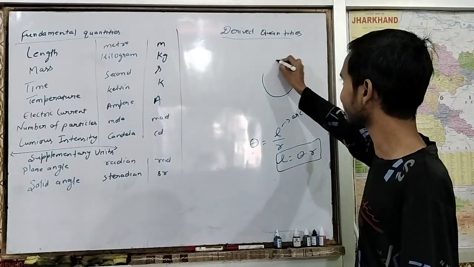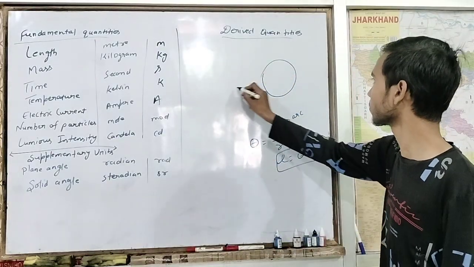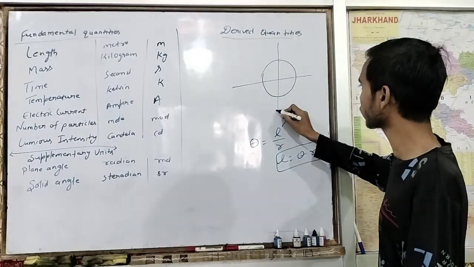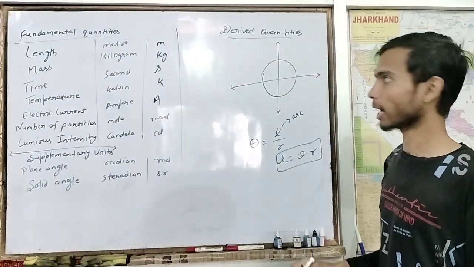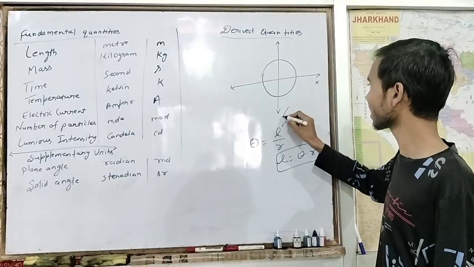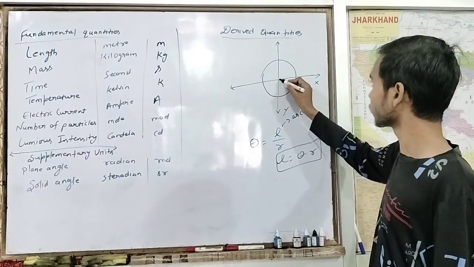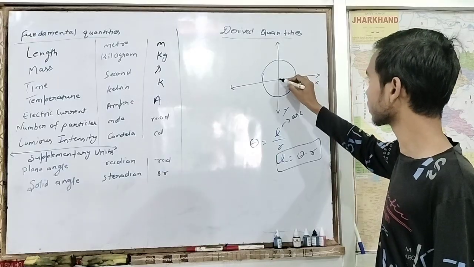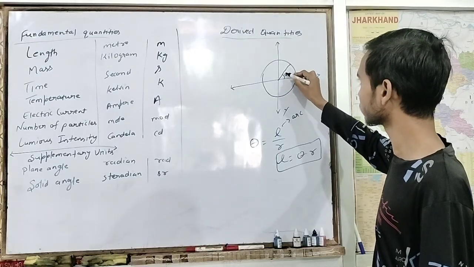We draw a circle on a Cartesian plane. A Cartesian plane is nothing but two lines, this is known as the x axis and this is the y axis. From here to here, you know that this is the radius, r, and this is giving you a rotation.